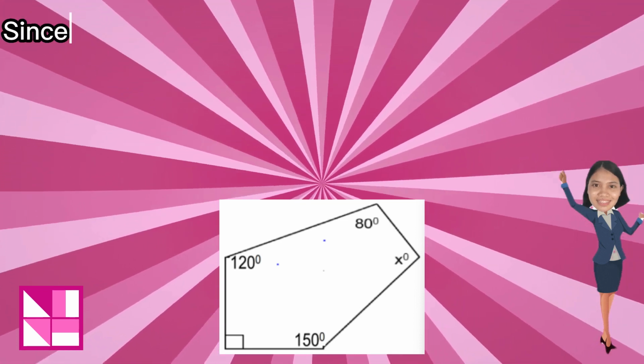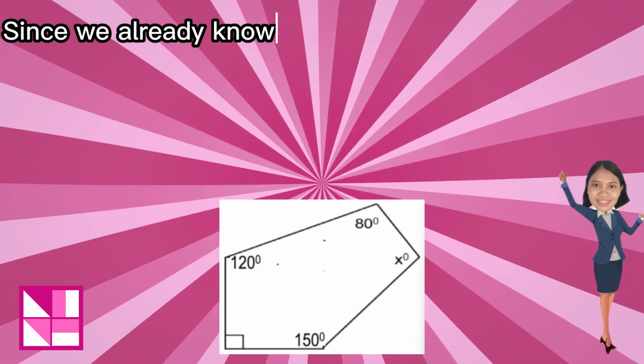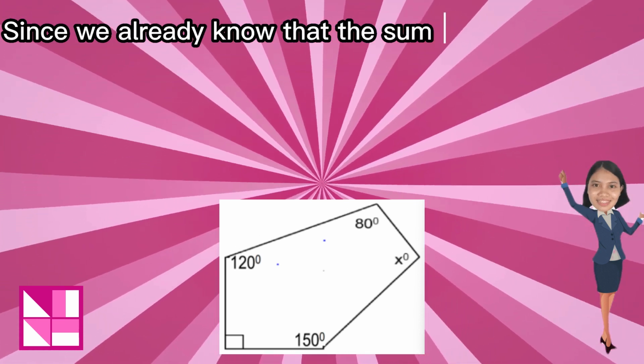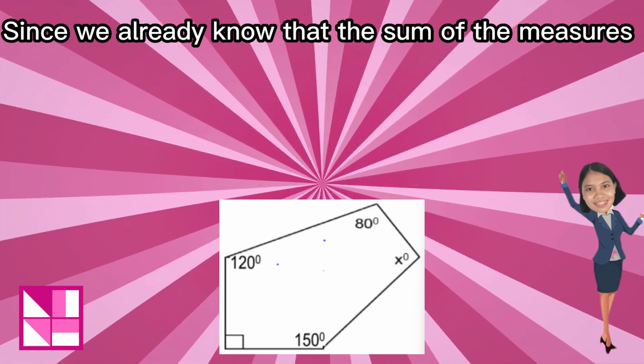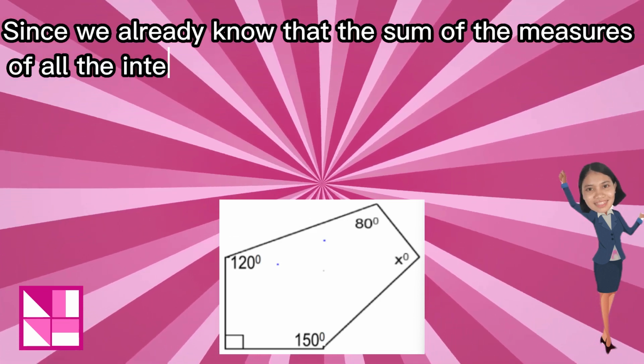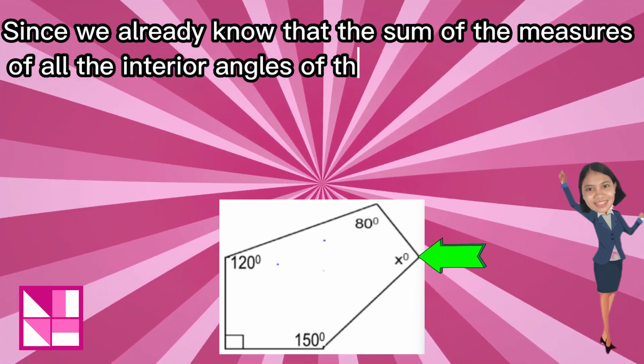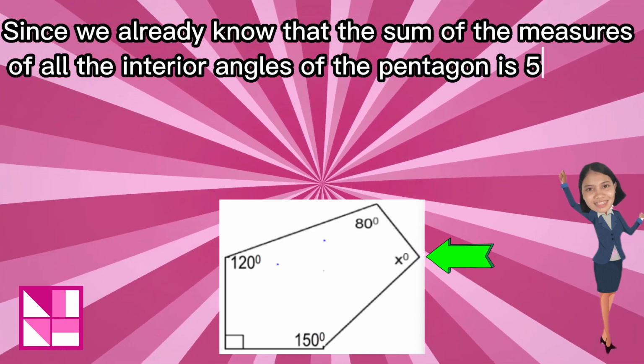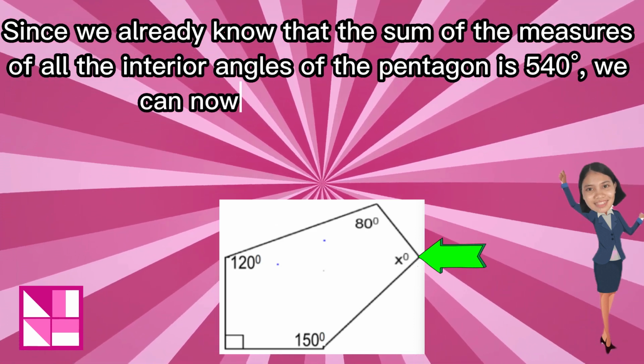Since we already know that the sum of the measures of all the interior angles of a pentagon is 540 degrees, we can now solve for the value of angle x. The sum of the measures of the interior angles of the pentagon is 540.